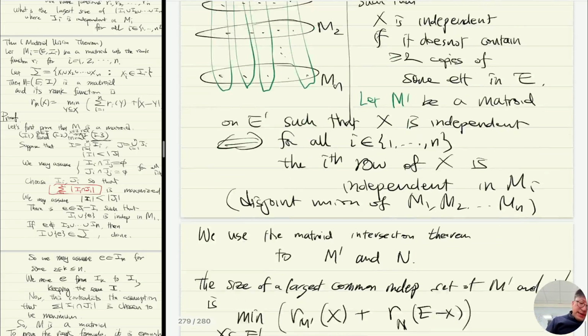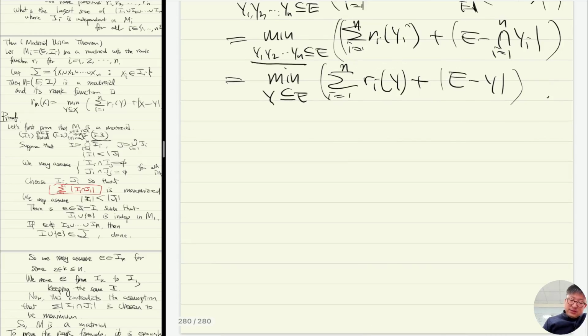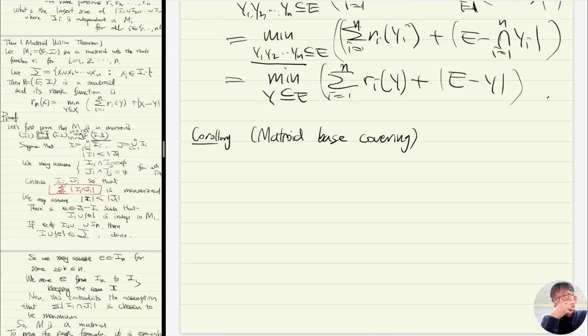Now, this has many applications in graph theory and combinatorial optimization, and one of its corollaries is as follows: matroid base covering. Or let's start with packing.